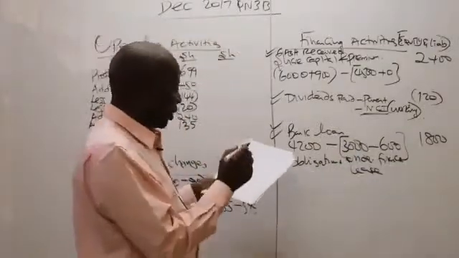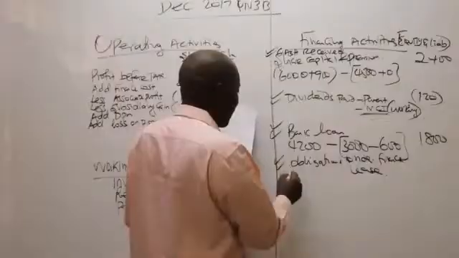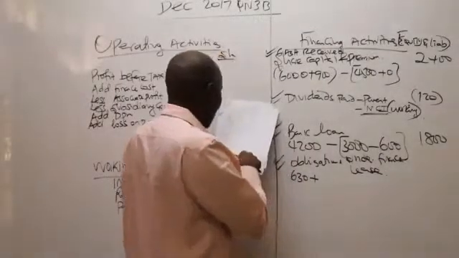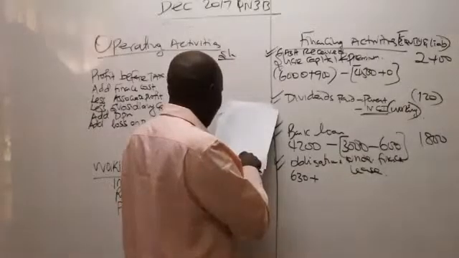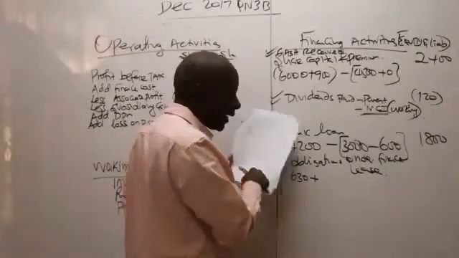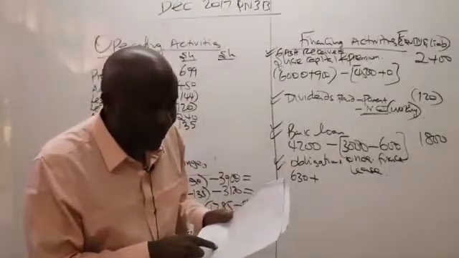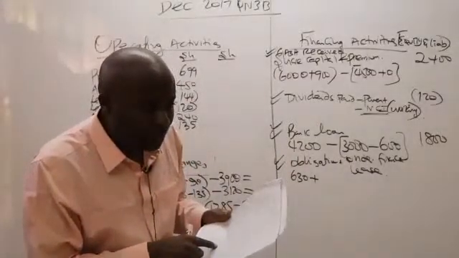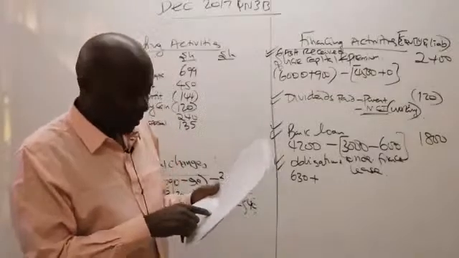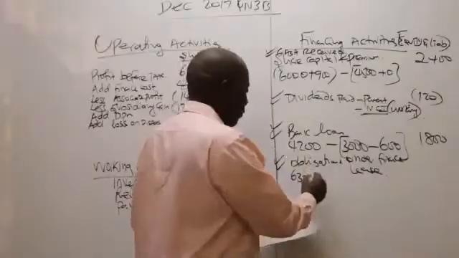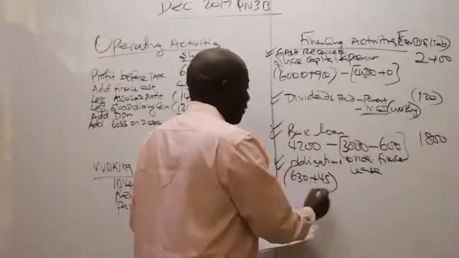Remember we start with closing. So I can see 630 plus the one under current. Under current I can see 45.